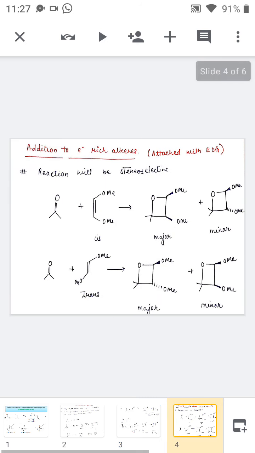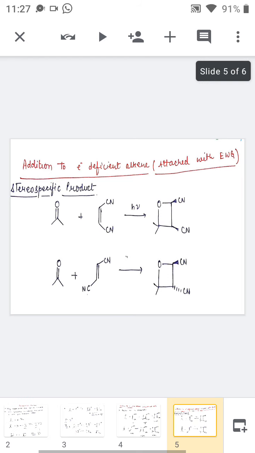Okay, so the next example is an alkene combined with a carbonyl group, in which the alkene is attached to an electron donating group. See here, if our starting material is a cis compound, our major product is also cis, and if our starting material is a trans compound, our major product is also trans, and the addition is very similar to the previous example.